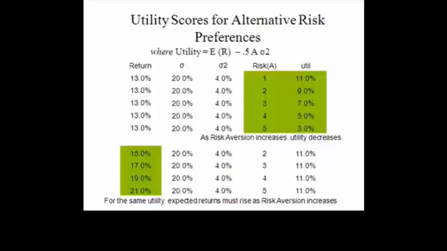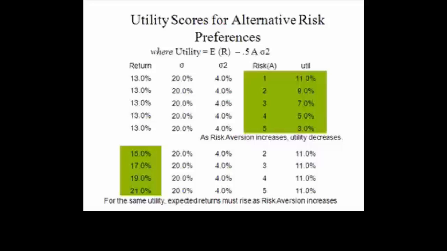The table on this slide shows how the levels of risk aversion impact the investment's utility. An investor with minimal risk aversion, in other words, a value of 1, will realize much greater utility from an investment offering 13% return with a 20% standard deviation than an investor with a risk aversion level of 5.